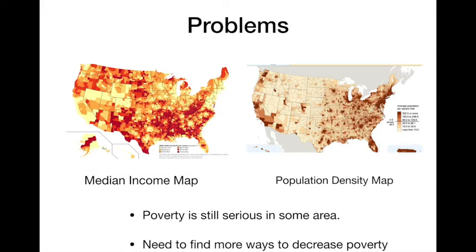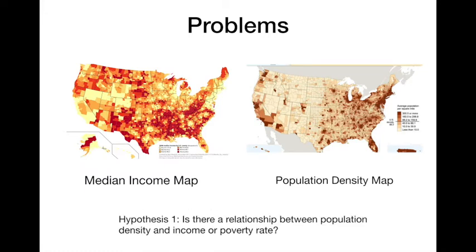So we found one interesting thing: it seems that in an area with higher population density, there is a higher median income. So we have two hypotheses.